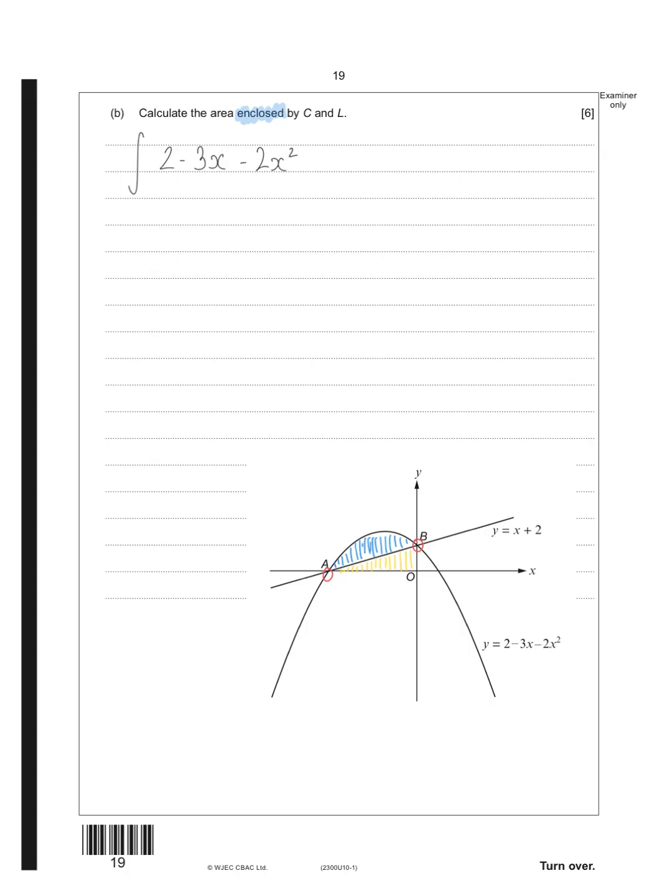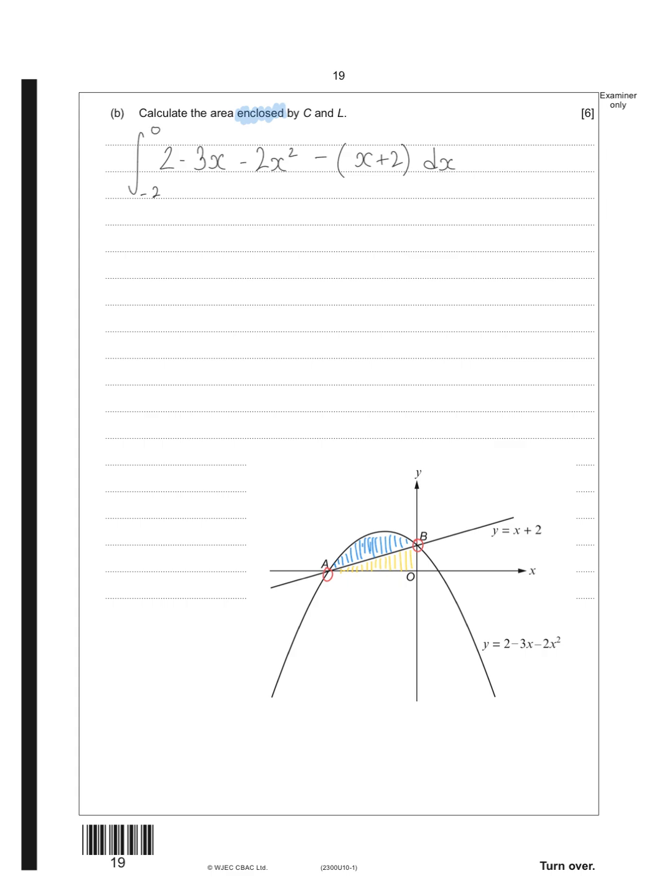So that will give me the blue area and the gold area because it's everything under the curve. And then from that, I'm going to subtract the area under the line, x plus 2, with respect to x. And I'm going to integrate between minus 2 and 0.